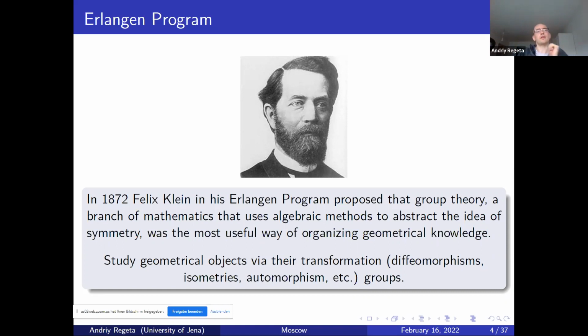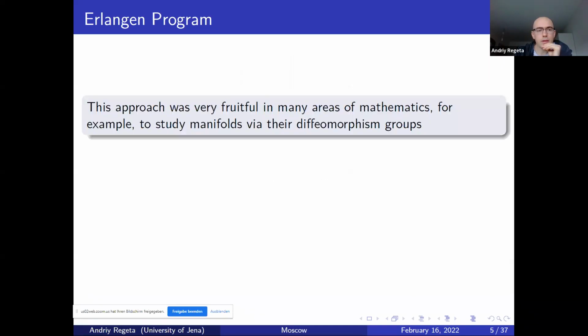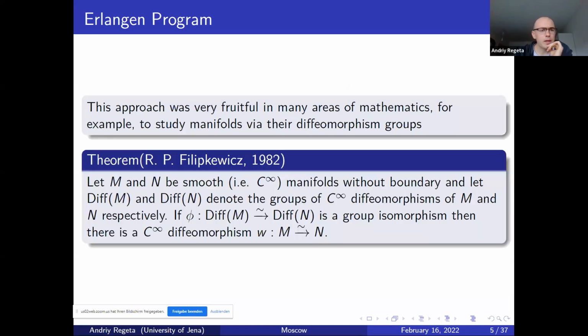But nevertheless, let me get back to the Erlangen program. This approach was very fruitful in many areas of mathematics, for example, to study manifolds via their diffeomorphism groups. Here I would like to point out a result which is due to Philip Kevich.